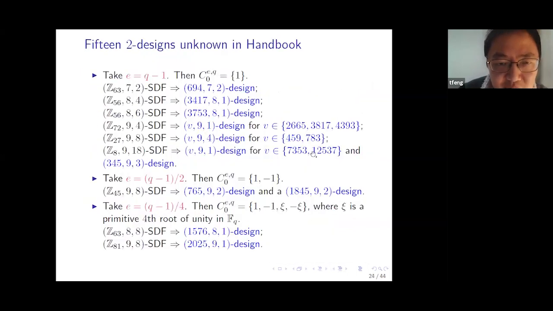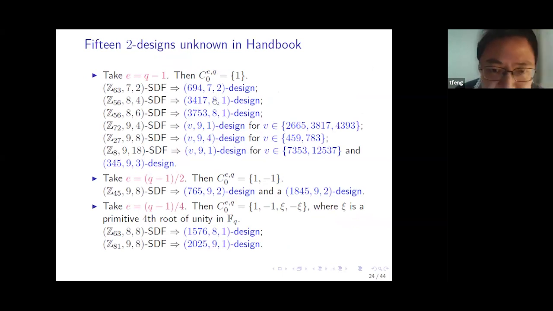Here I list some concrete examples. We can get some 2-designs with block size 7, 8, or 9. All of these 2-designs were unknown before in the Handbook of Combinatorial Designs.